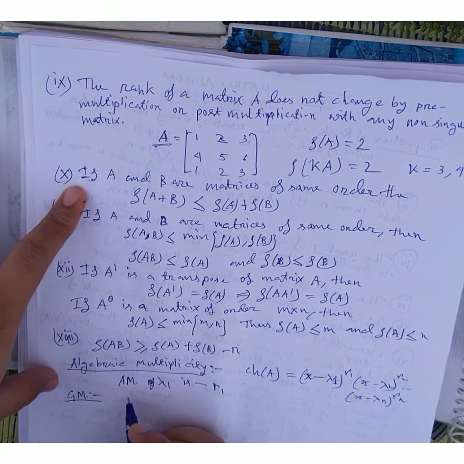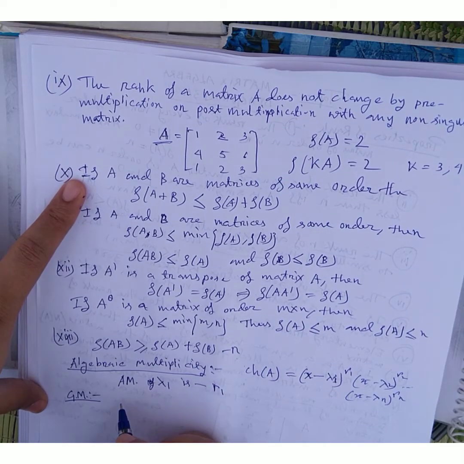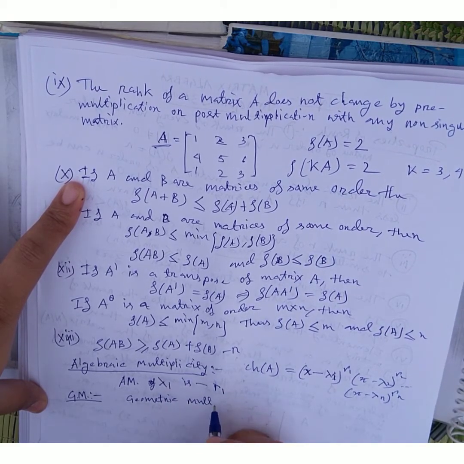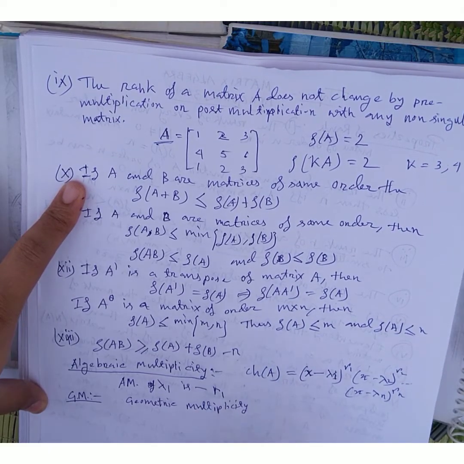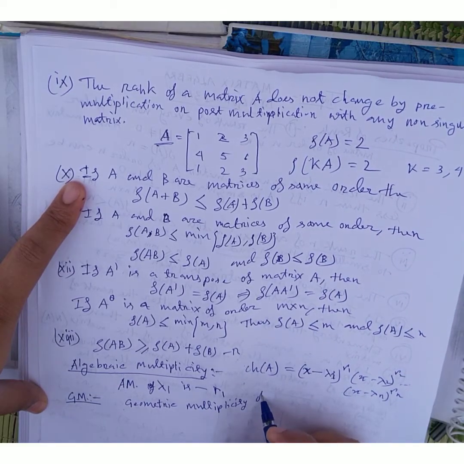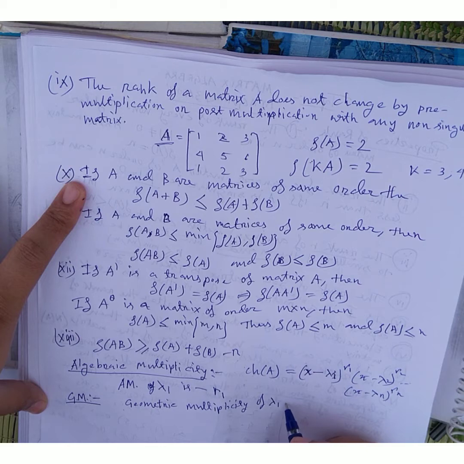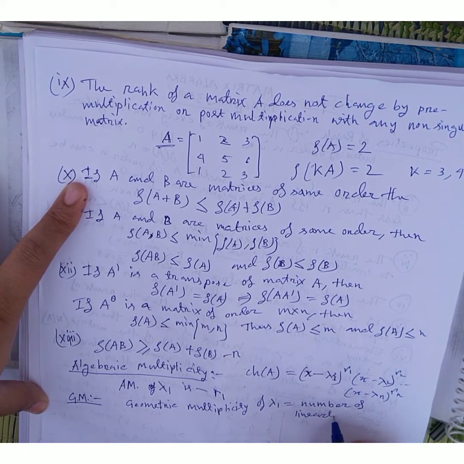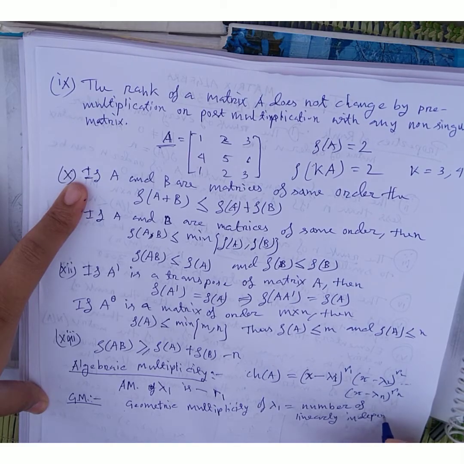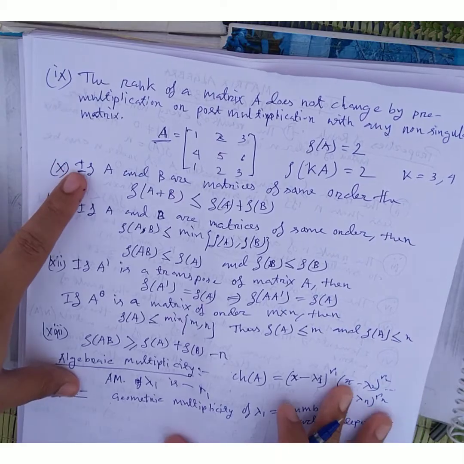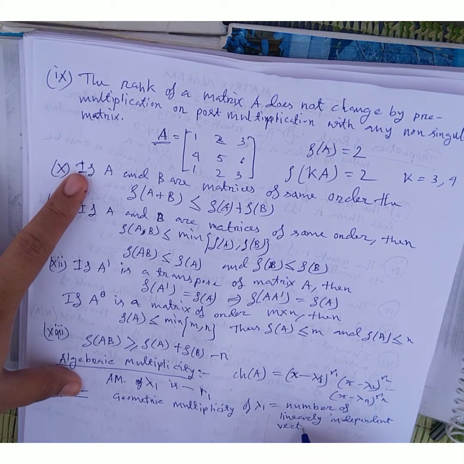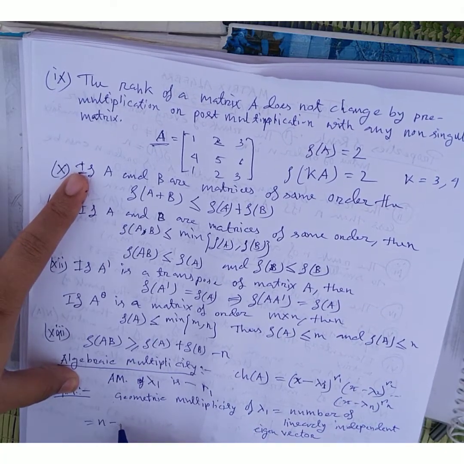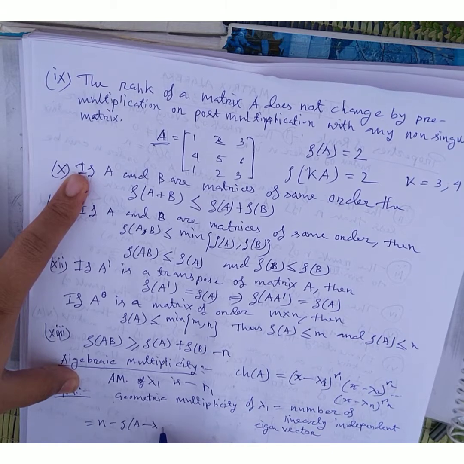The geometric multiplicity of lambda 1 is equal to the number of linearly independent eigenvectors. The number of linearly independent eigenvectors is n minus the rank of (A minus lambda 1 I), which is the nullity, the kernel. So GM is the geometric multiplicity of lambda 1, the number of linearly independent eigenvectors, n minus rank of (A minus lambda 1 I).